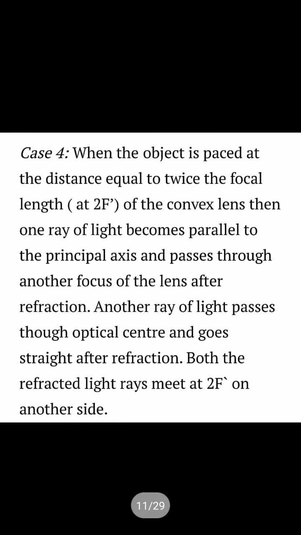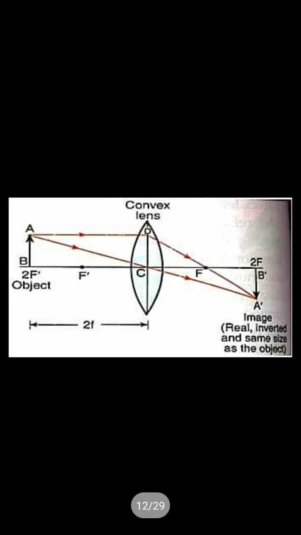Next, when the object is placed at 2f dash, that means at center of curvature, where is the image formed? Image is formed at the same position on the right side. So if the object is placed at 2f dash, the image is formed at 2f. 2f means right hand side. That is the third case of the mirror.